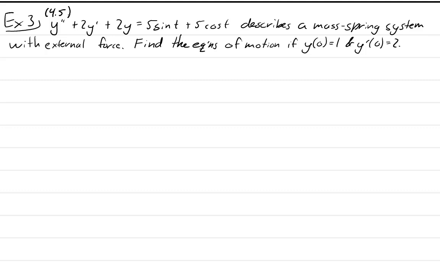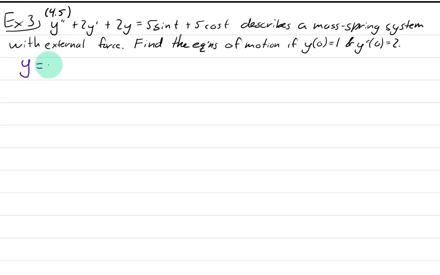let's get started. So first of all, we have to see that the solution we're looking for, if we're trying to satisfy these initial conditions, is going to be some particular solution. Let's just call it y.